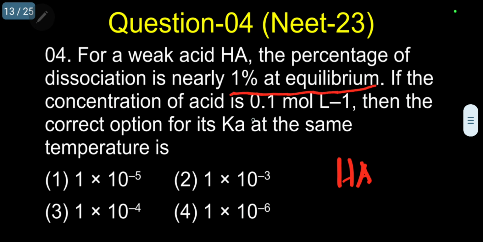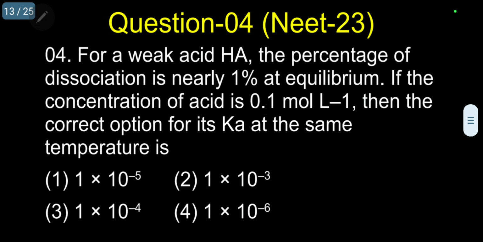If the concentration of the acid is 0.1 mole per liter, the correct option for its Ka at the same temperature is: 1, 1 into 10 to the power of minus 5; 2, 1 into 10 to the power of minus 3; 3, 1 into 10 to the power of minus 4; 4, 1 into 10 to the power of minus 6. So this is asked under Ka, that is the ionization constant.